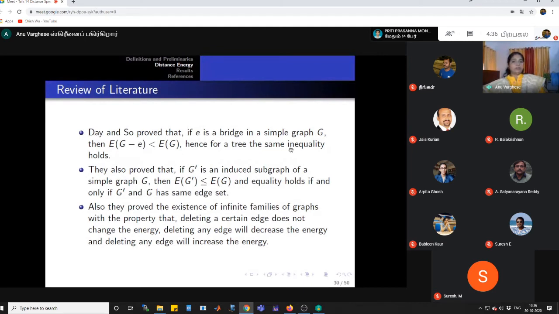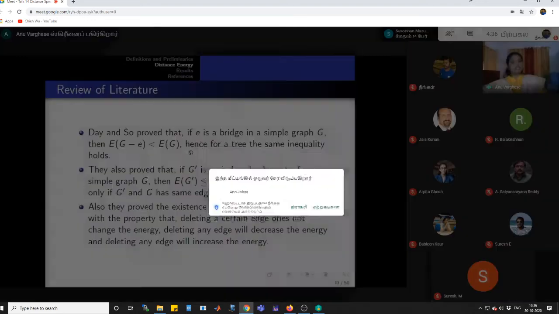Day and So proved that when a bridge is deleted, that is, the new graph is G minus e, the energy of G minus e is less than the energy of G. Since all the edges of a tree are bridges, if G is a tree and any edge is deleted, then the energy of G minus e is less than the energy of G.